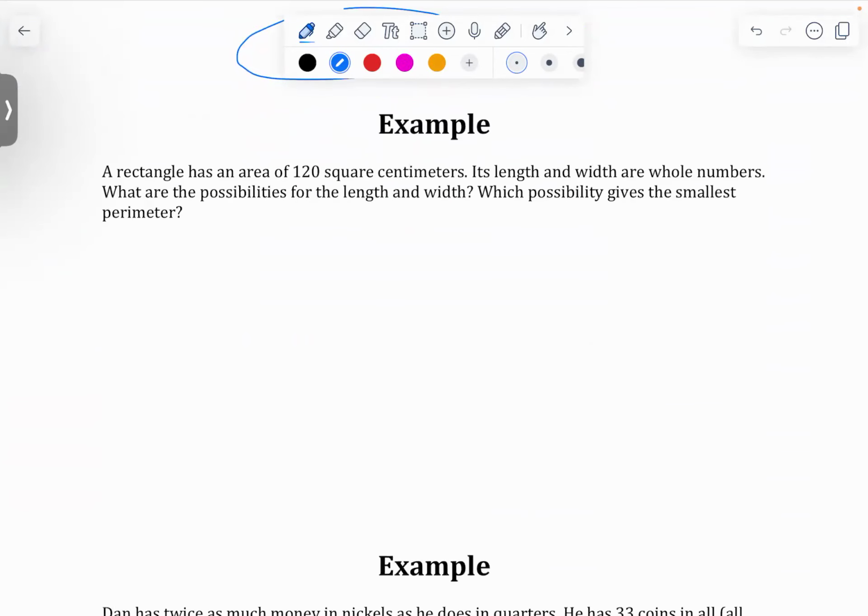A rectangle has an area of 120 square centimeters. Its length and width are whole numbers. What are possibilities for the length and width? Which possibility gives the smallest perimeter? This is a really good one that represents the idea of a systematic list. So we have lengths and widths, and then we're actually looking for areas and perimeters.